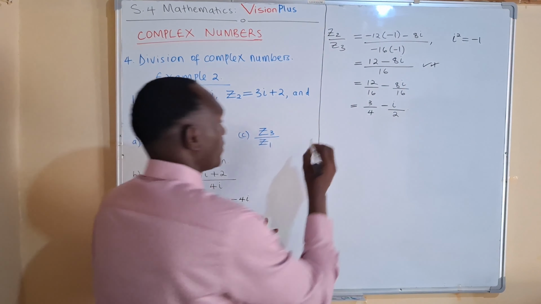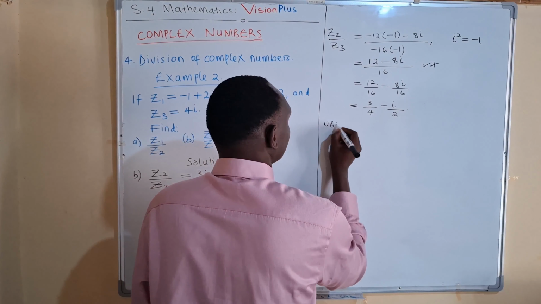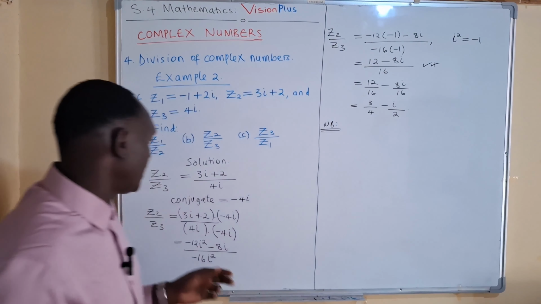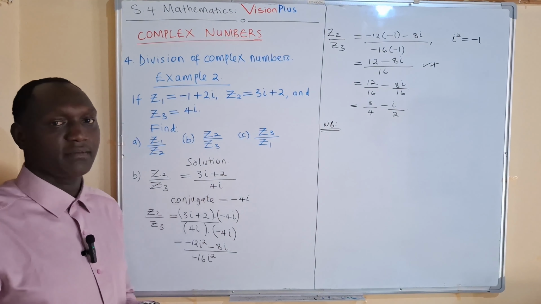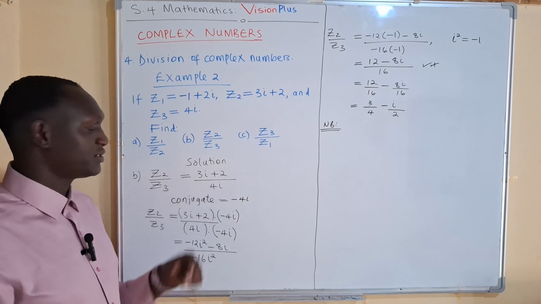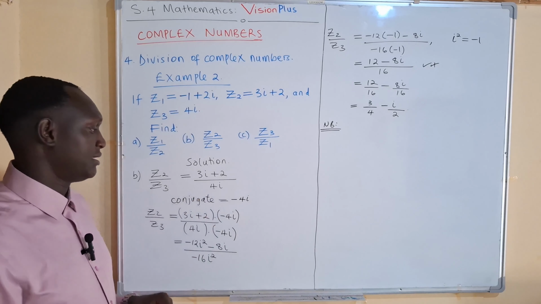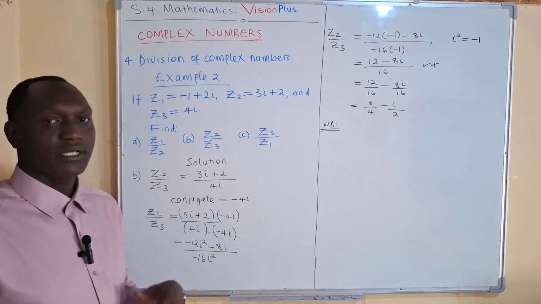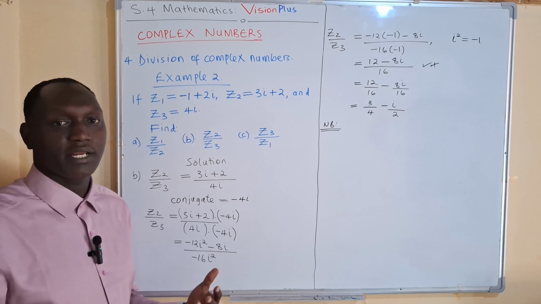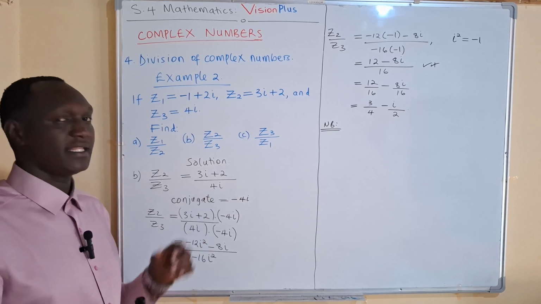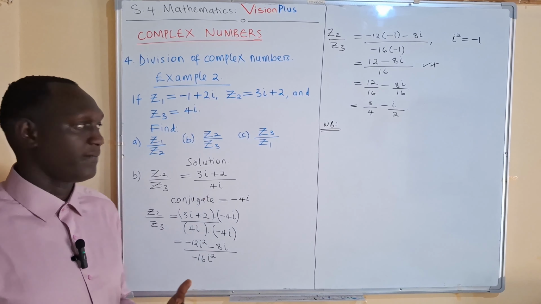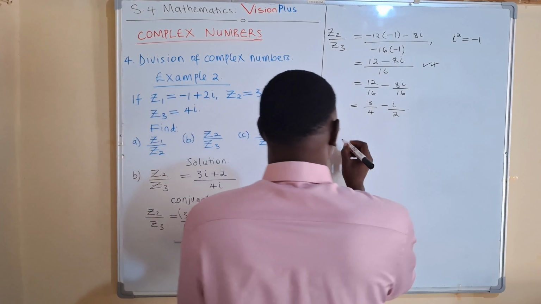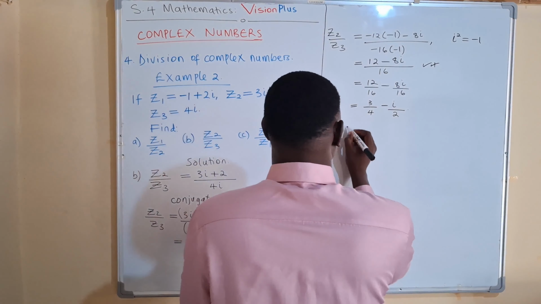Now, let me give you a quick NB. If the denominator is only an imaginary part, then you could just simply multiply both the numerator and the denominator by that imaginary part of the denominator. That is quicker, and let's see, it will give us the same answer. This is an alternative.